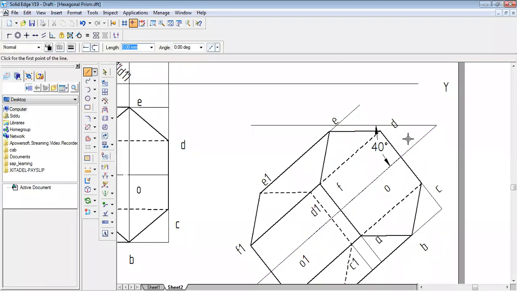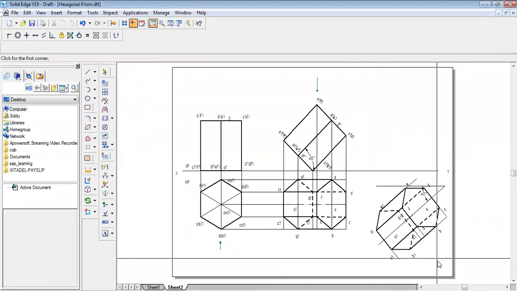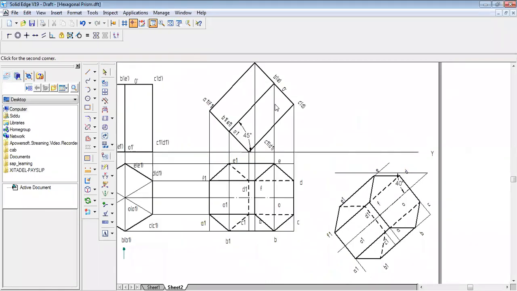So after this, okay, here is your axis. So just to show it, I have taken. So now draw all horizontal construction lines here first.